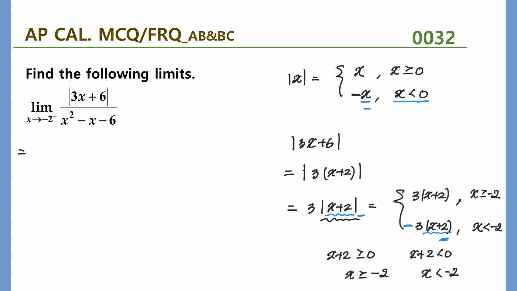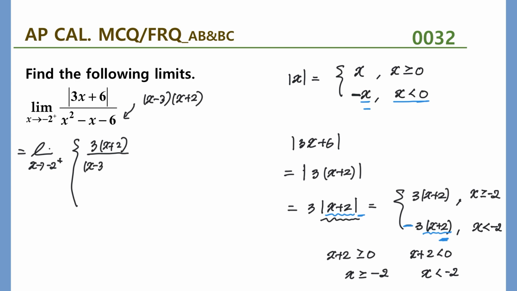Okay, so we're going to rewrite this limit. Limit as x approaches negative 2 from right hand side is going to be equal to 3 times x plus 2 over this expression, which is actually x minus 3 times x plus 2 if we factor, right?